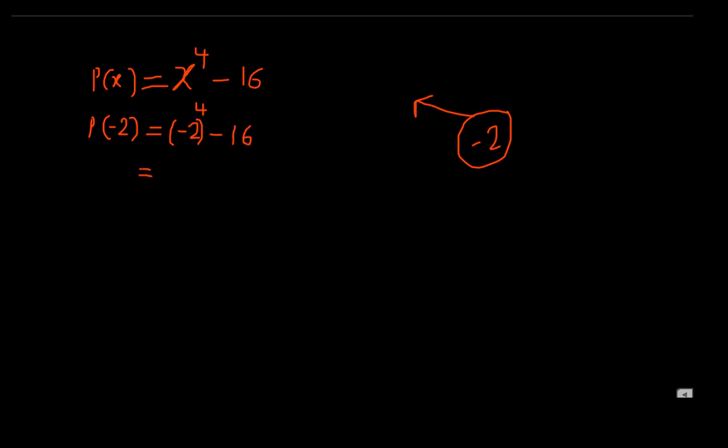And here the negative value has even power. So when a negative value has even power, it becomes positive. So here we get a positive value, and 2 power 4 equals 16. Therefore minus 2 power 4 equals plus 16, and we have minus 16 as the second term, and 16 minus 16 equals 0. So what we get here?